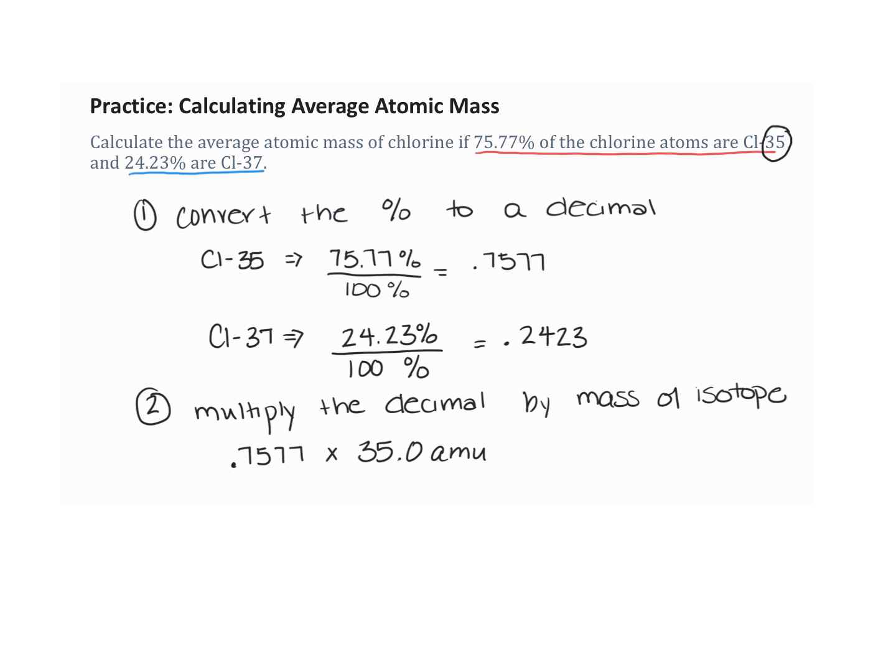And I've got another example to show you that. So we're going to do that math. That gives us 26.5 AMU.